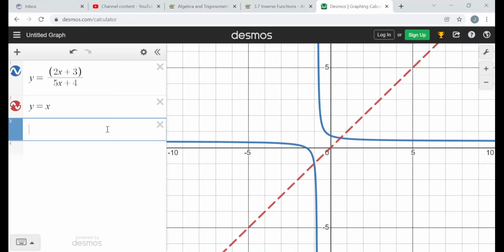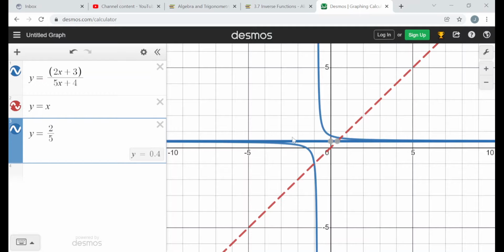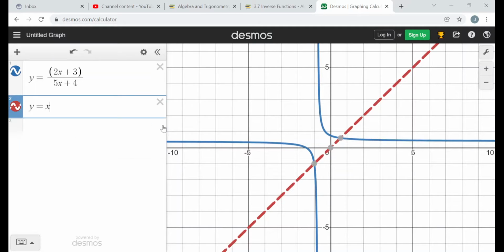If I put in y equals 2/5, you'll see it runs right in between them. That's not being touched. Sorry, it came up as the same color, but the domain is every real number, all x values except negative 4/5, and the range is all y values except 2/5, like we stated on the paper.